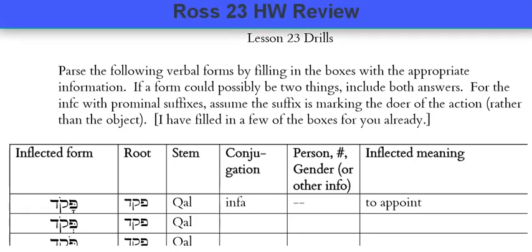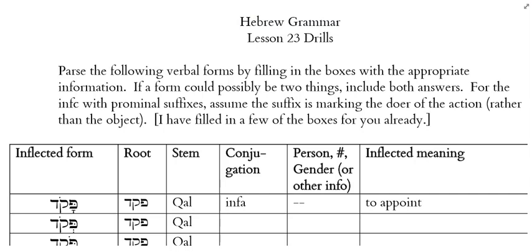Okay, let's take a look at the handout here. We have a drill sheet that we'll want to take a peek at and see if there's any questions about the drill sheet here. The focus of this drill sheet is to actually get you to think about how the infinitive absolute forms differ from the other verbal conjugations.